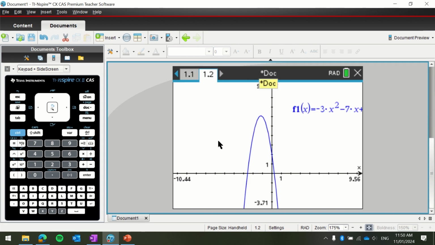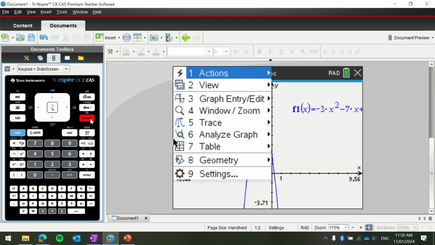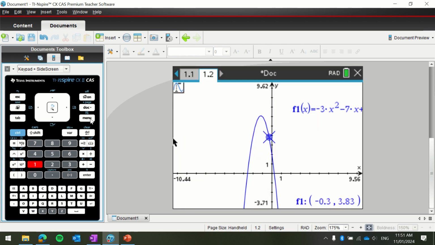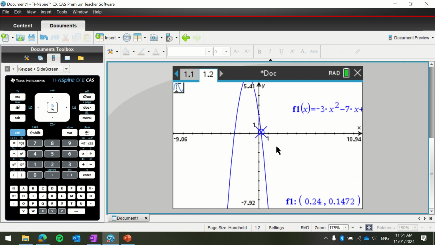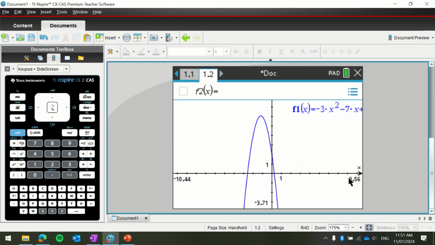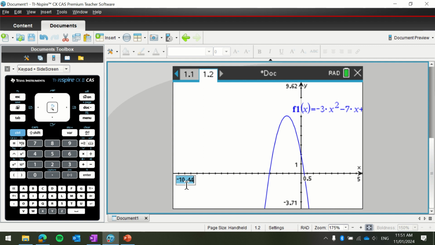So where is that? 0.24. I'm going to do a trace. It's here. It's almost at the x-intercept. Let me zoom in on this so you can see that clearly.